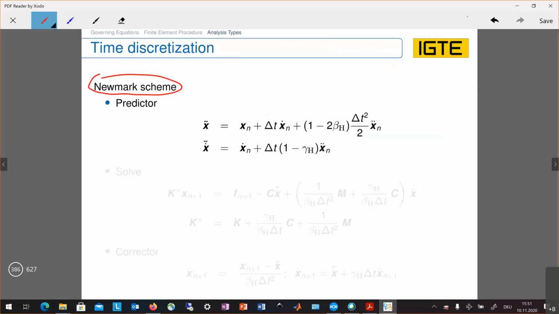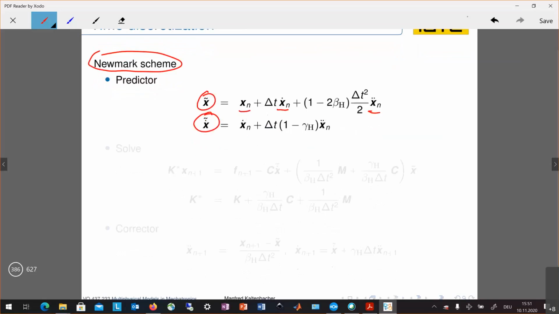Therefore, you have this tilde for the displacement and for the velocity. And you see you compute it out of the values you have obtained in the previous time step. So you need just to store the previous displacement, velocities and accelerations.